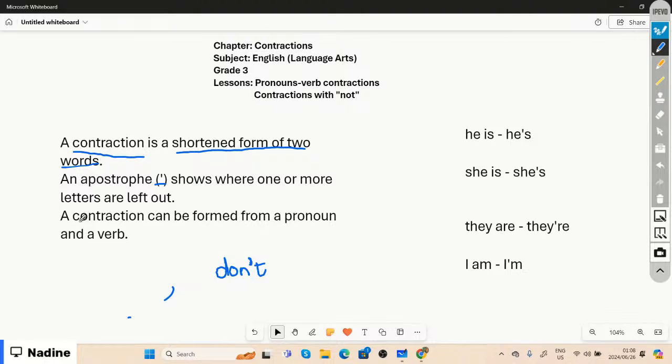So we said a contraction can be formed from a pronoun as well as a verb. That is how a contraction can basically be formed.